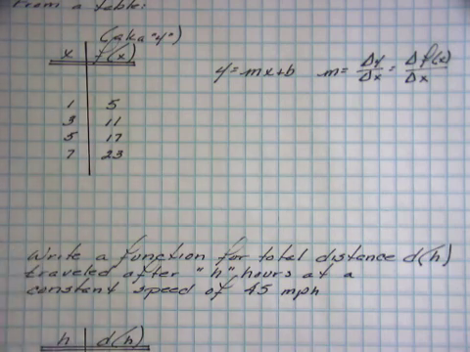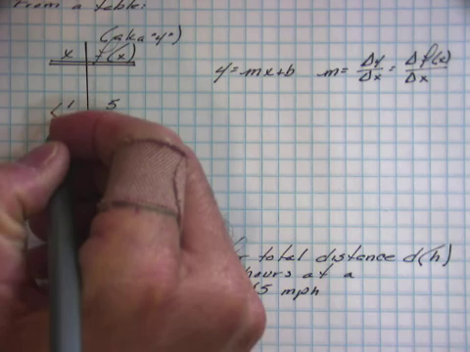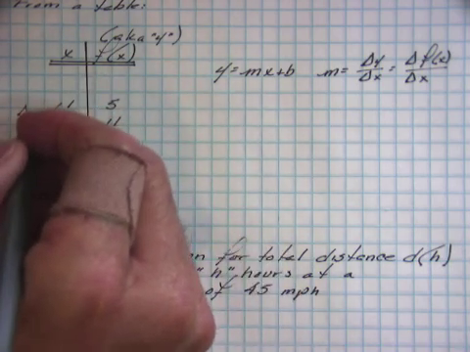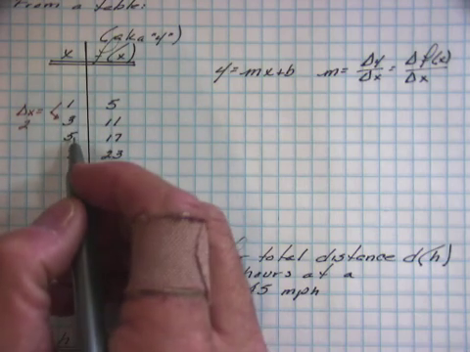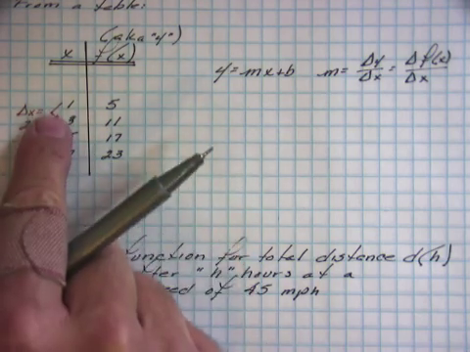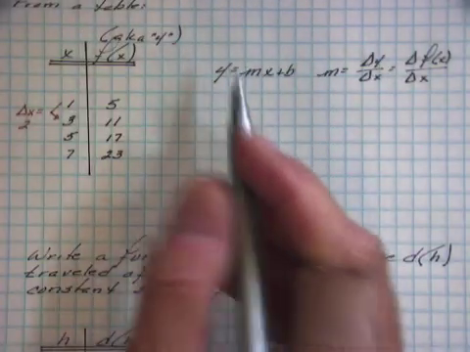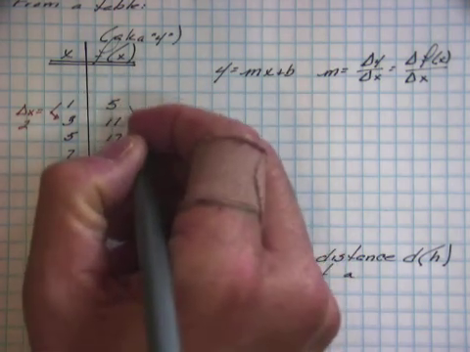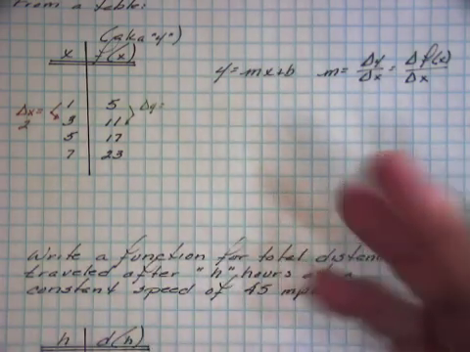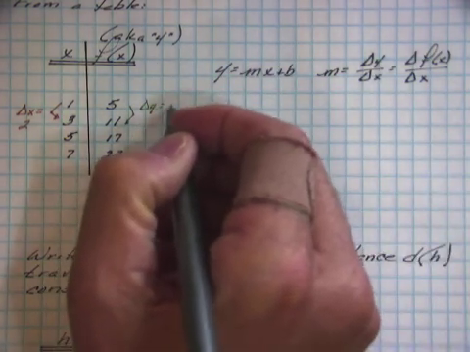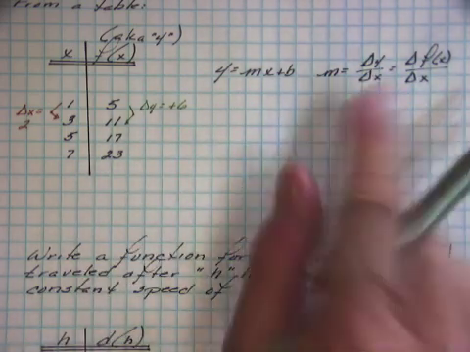We'll start with the x side. The change in x value is consistently 2 every time. From 1 to 3 is 2, from 3 to 5 is 2, from 5 to 7 is 2. So that's a good consistent change for delta x. On the other side, delta y, or delta f of x if you like, is a consistent plus 6.